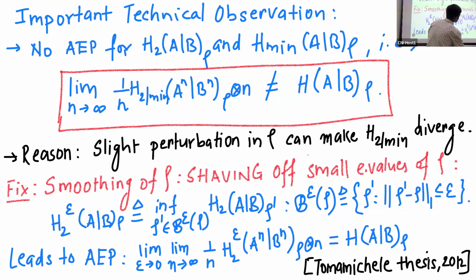If I define the L1 norm of the operator A, this is essentially the trace of the square root of A dagger A. And the Schatten 2 norm is essentially the square root of the trace of A dagger A. These are the two definitions, and we won't need any other norm.